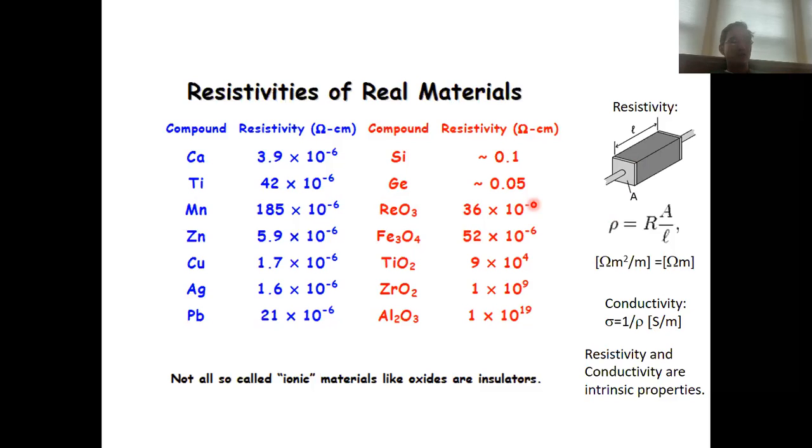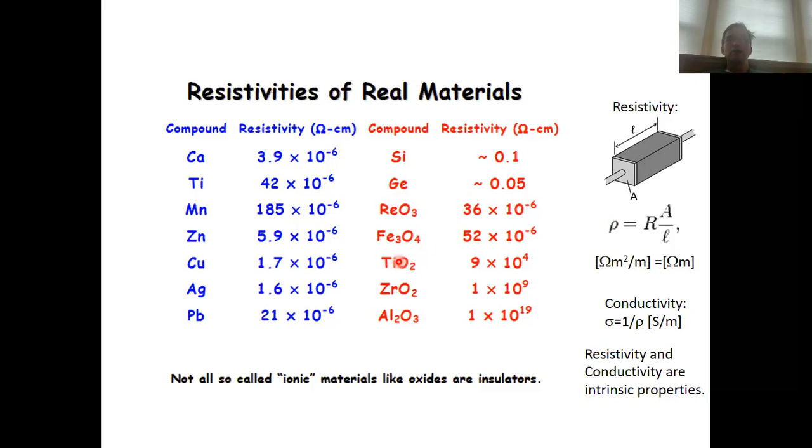Band theory actually gives a nice answer to this question. Band theory says that the ionicity, the electronegativity difference between the elements in your material, is not really deciding here.